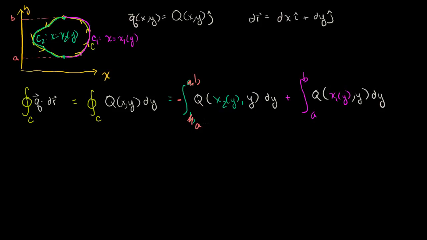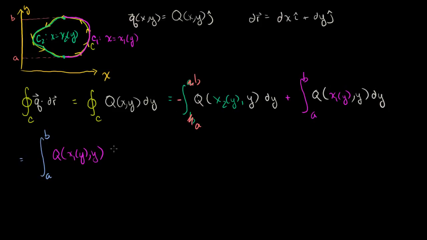But now that we have the same boundaries of integration in these two definite integrals, we can just write them as one definite integral. So this is going to be equal to the integral from a to b, and I'll write this one first, since it's positive, of q of x1 of y, comma y, minus this one, right?